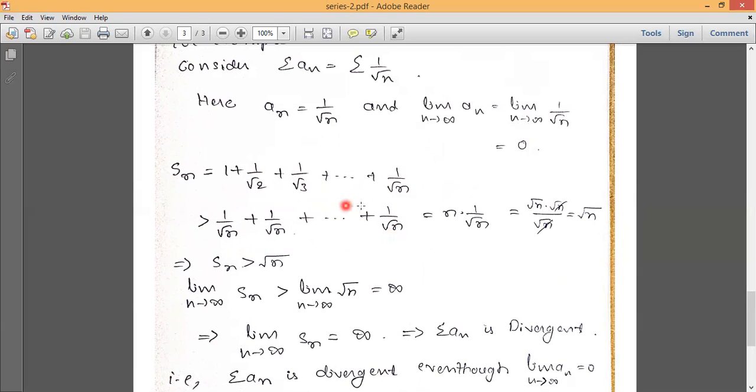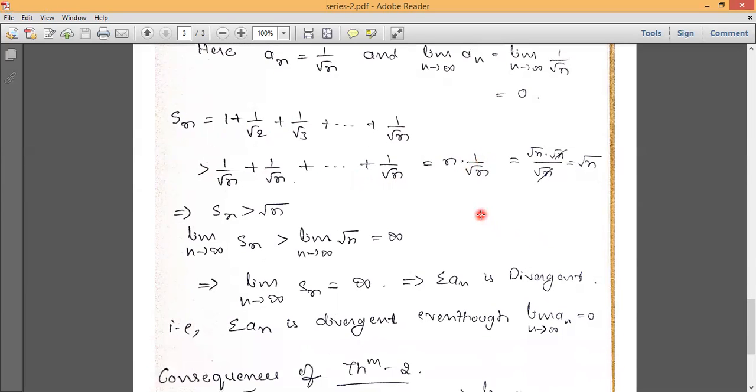Since this is a sum of n terms, this sum is equal to n times 1 over root n. So Sn is now greater than n into 1 over root n. We know that n can be written as root n into root n. One root n gets cancelled. So now we have Sn is greater than root n.